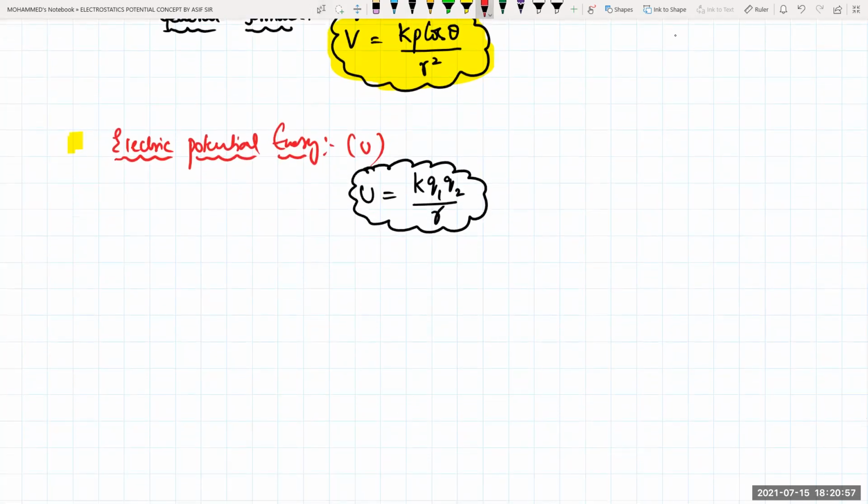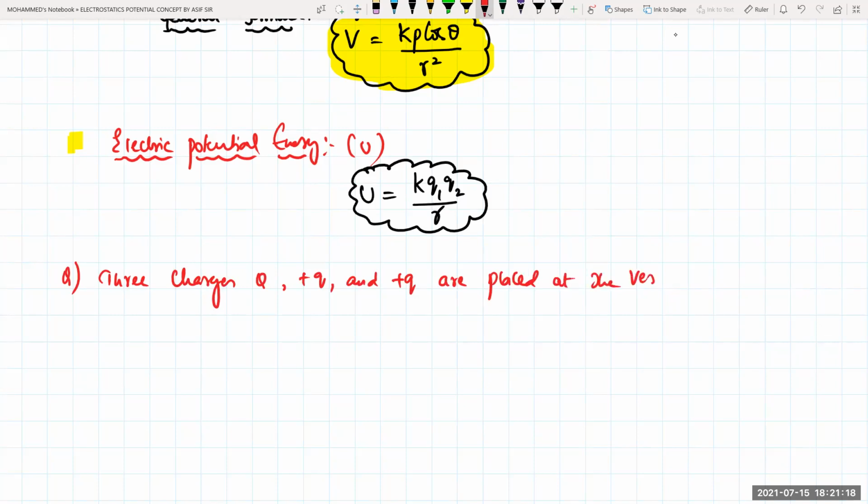See, this one question I'm giving you. Say for example, we have three charges: Q, plus Q, and another charge of plus Q. These three charges are placed at the vertices of a right angle isosceles triangle.